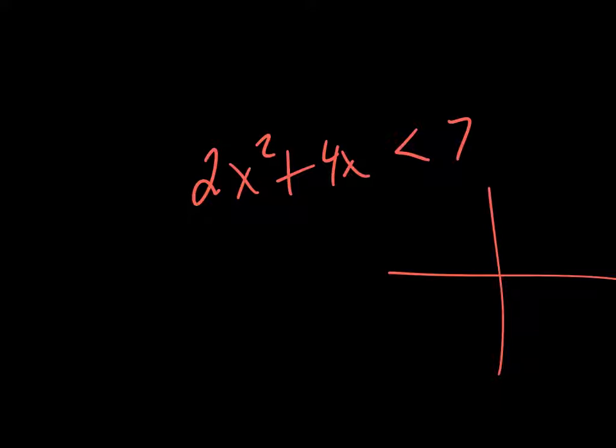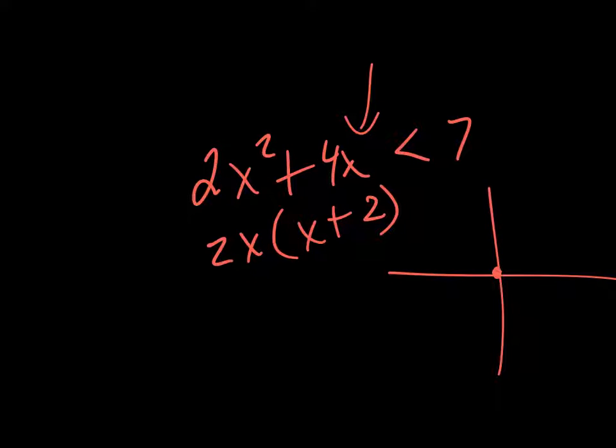Now I personally like to start with a sketch. If I start with a sketch without even subtracting the 7, it'd be okay. I know there's a parabola, and this parabola, before I move the 7, would go through 0. All right? And if I can factor it, I should, right? So I take out the 2x and I'd have x plus 2.